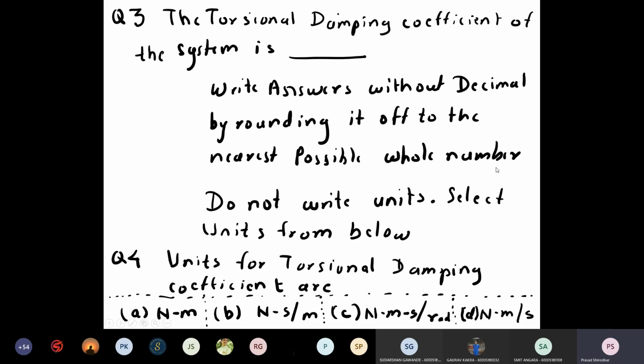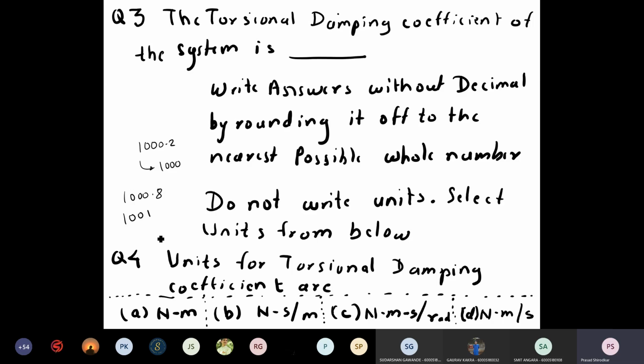For example, if your answer is 1000.2, round it off to 1000. If your answer is 1000.8, round it off to 1001.